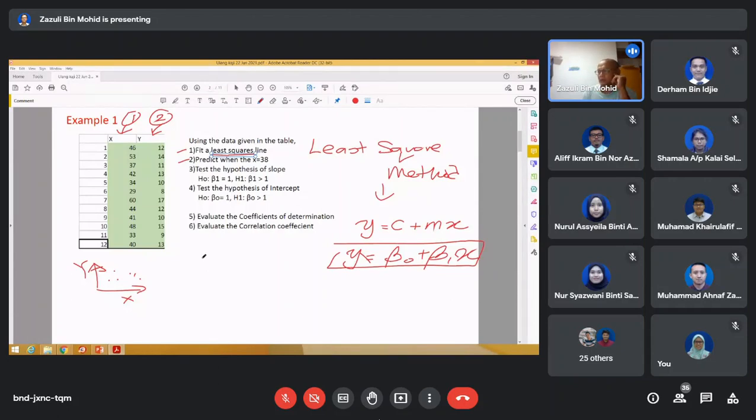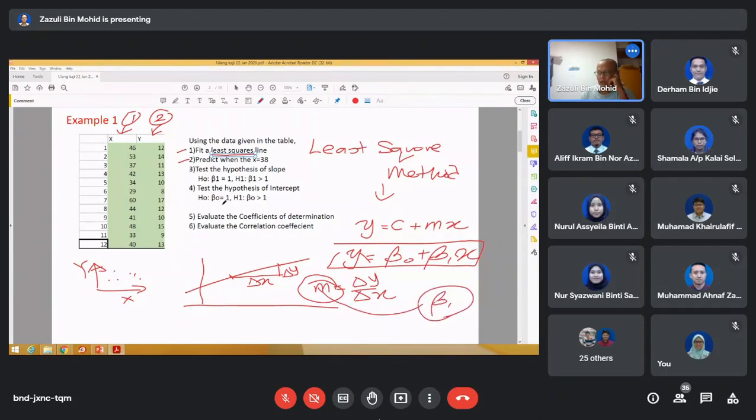When we plot a graph, we have a line like this. So you are going to have the slope here, y over x, where the slope in mathematics, m, is equal to delta y divided by delta x. So you are going to test the slope, but in statistics it's called beta 1. Then you are going to do the hypothesis on this value here.